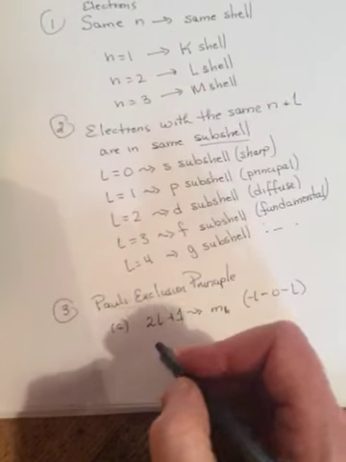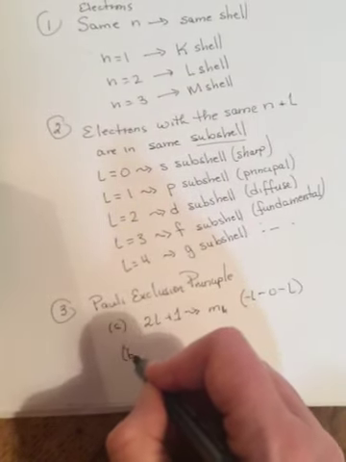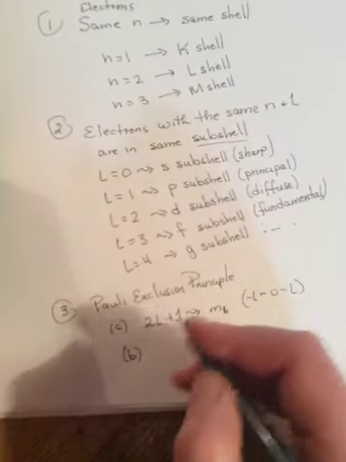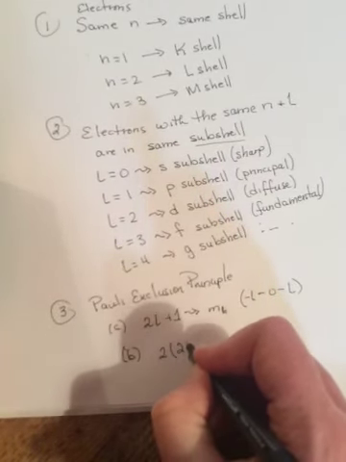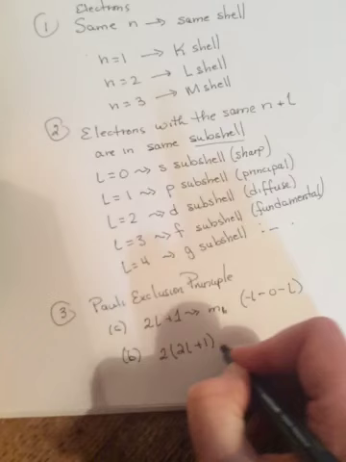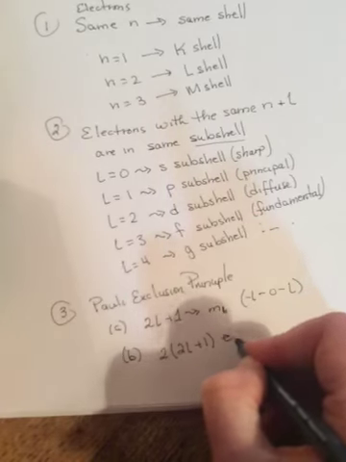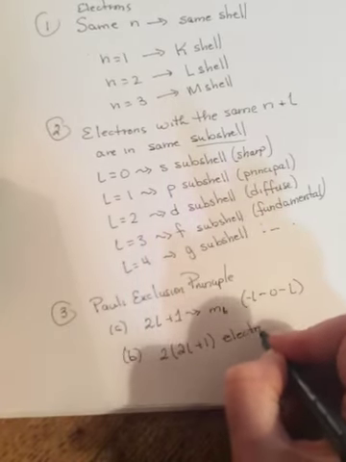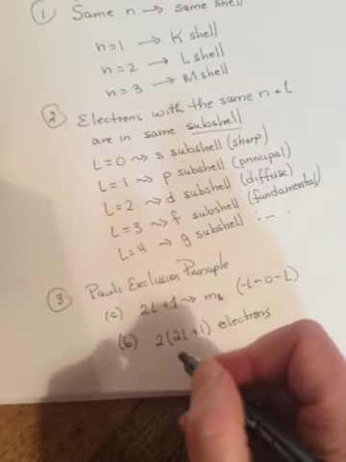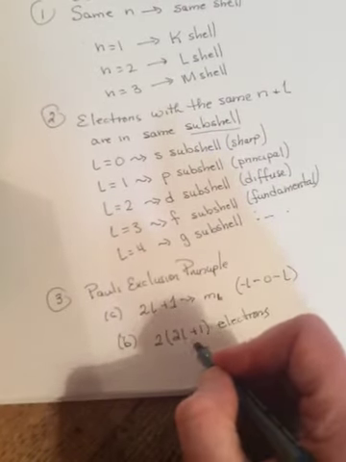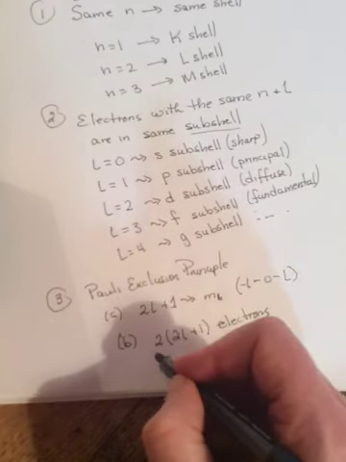Okay? And then the second part of that is, with the spins, there can be 2 times the bracket, 2(2L plus 1) electrons, in that particular subshell. So if L is 1, then the bracket is 3.